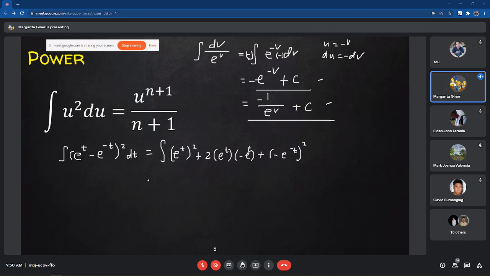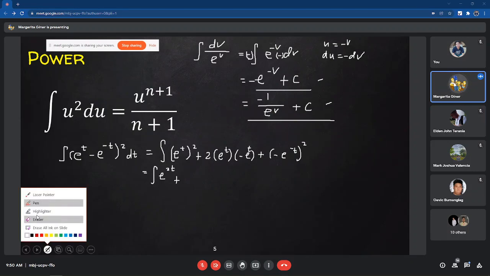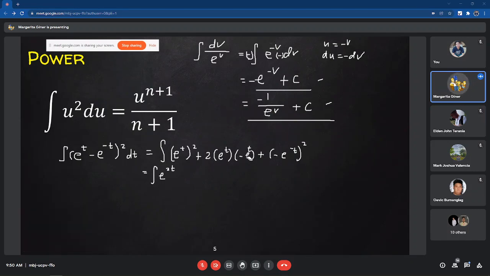Okay? Now, let's try to simplify. This will become e raised to t squared, so 2 times t is equal to 2t. Plus, it is negative, so minus. Negative e raised to t times 2 is negative 2.